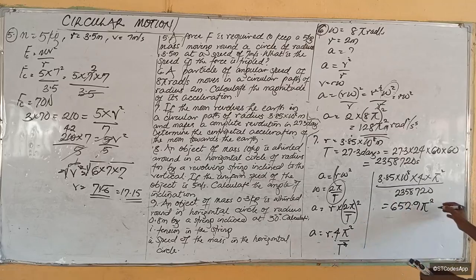Pi squared acceleration, meters per second squared. Is it clear?